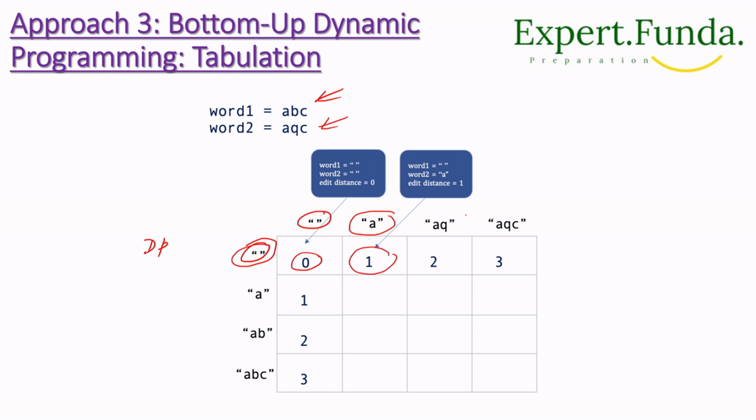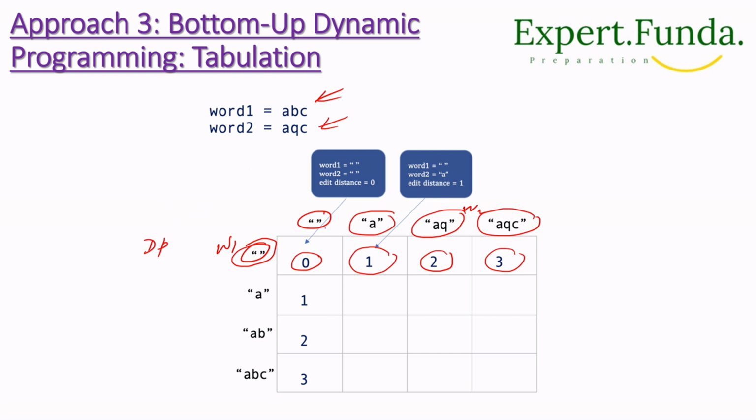If we have two characters, like a and q, in word 2, suppose this is word 1 and this is word 2, in this case we have to update two operations. Similarly, if word 2 has three characters, we will have to do three operations. So we have to maintain these tabulations like this, and we will perform this each time.